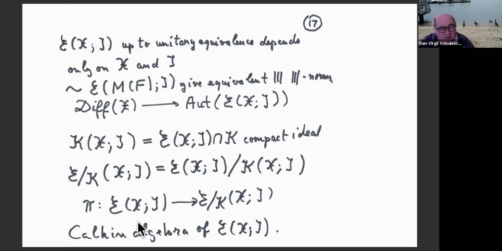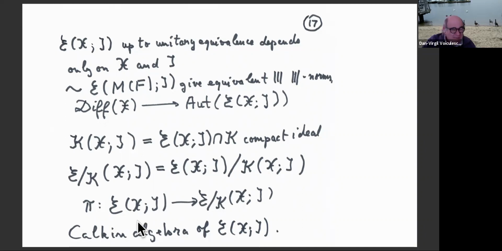And what you have is that the group of diffeomorphisms of X acts by automorphisms on this commutant, on this E(X, I). So having the manifold X and the ideal I, up to unitary equivalence there is associated this commutant mod I, and the diffeomorphisms act as automorphisms of this algebra.